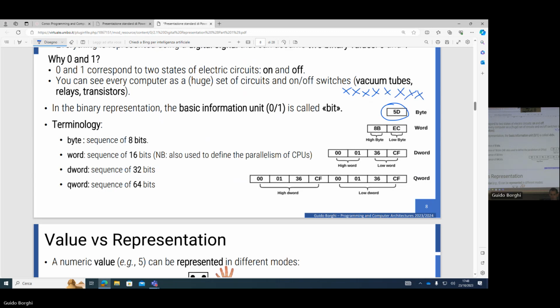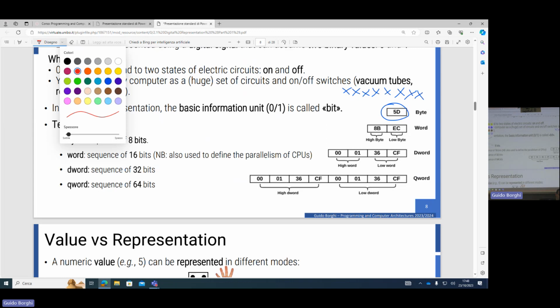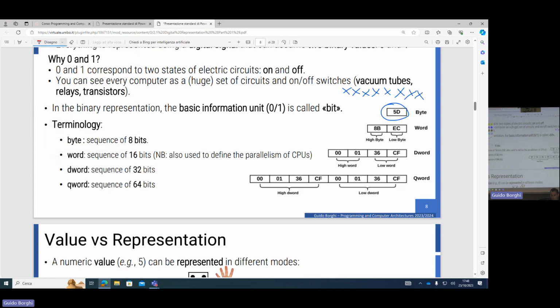I divide the bits into two groups. In the first group, for example, I have the letter D, and the last group is the number 5 in the hexadecimal representation. So I can represent a byte of information using 2 digits in the hexadecimal representation.